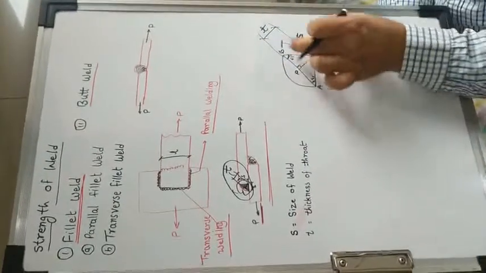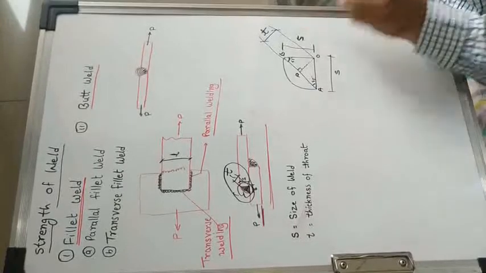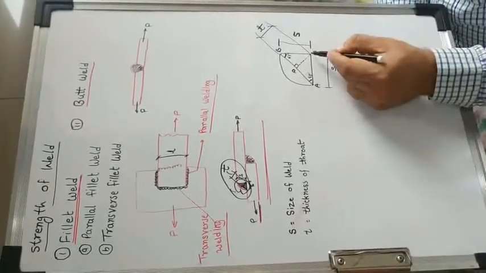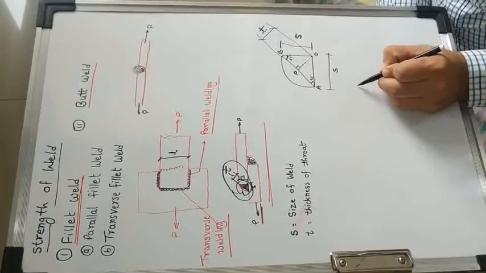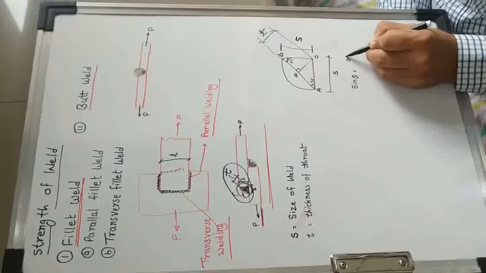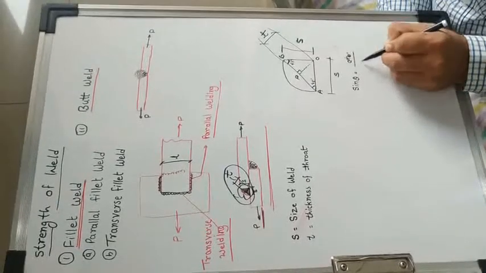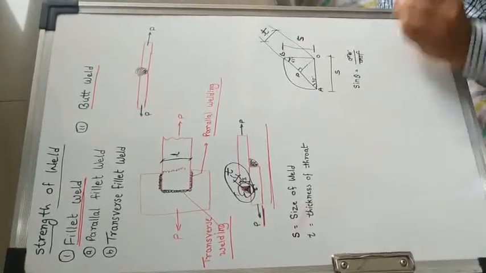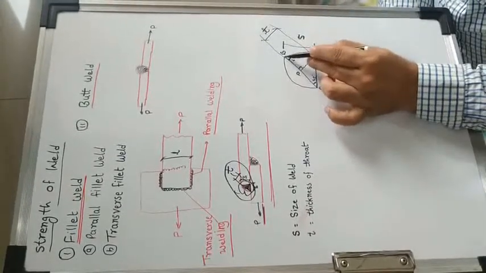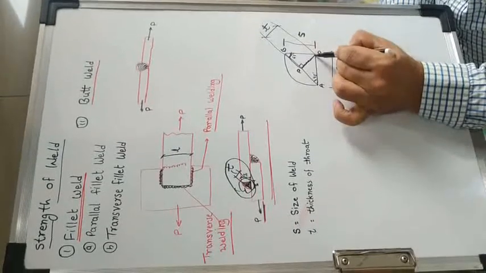So if we want to calculate T, what will be the T? Then we go for trigonometry. In trigonometry, sin theta is equal to perpendicular upon hypotenuse. So this is the angle and this is the triangle.